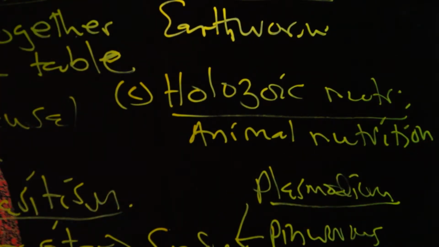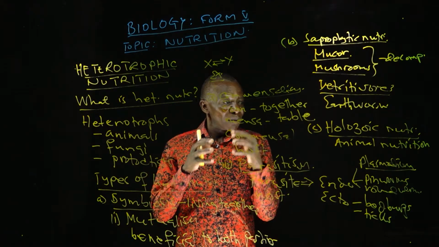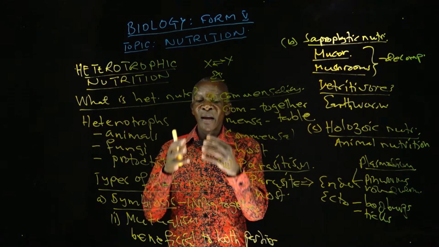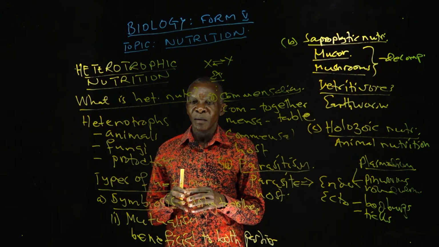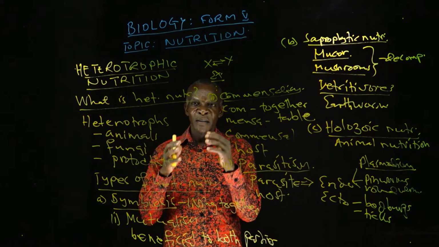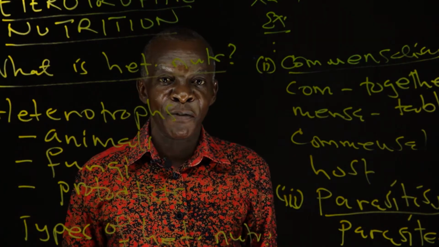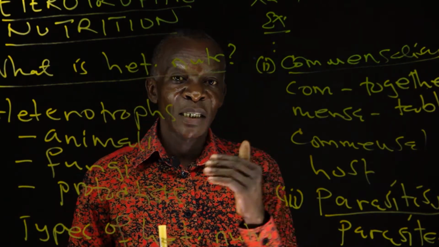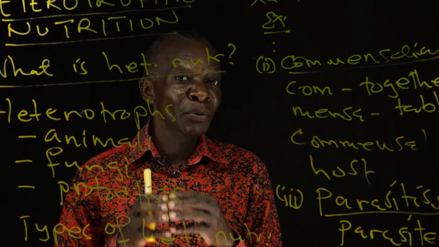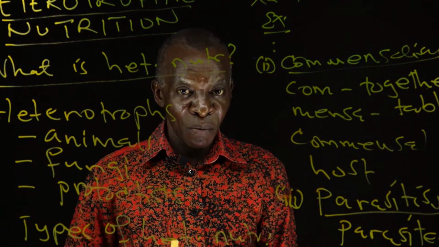It is a form of heterotrophic nutrition in which the animals or organisms ingest food in a solid or liquid form, which is then digested and absorbed by the body itself.